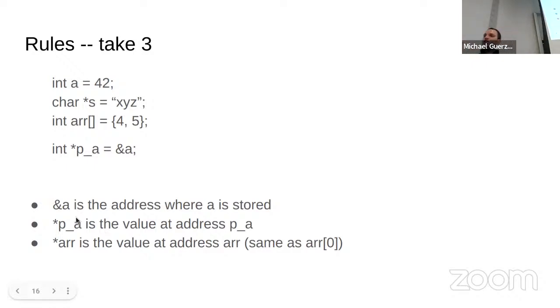Those are conceptually related, but in a way completely separate. Int star is a type in the same way that int is a type, in the same way that char is a type. The way you read it is int star, and then the name of the variable is PA.